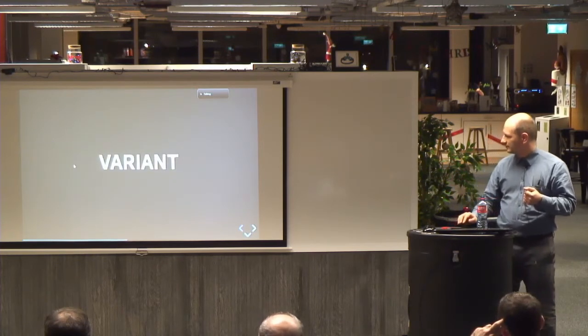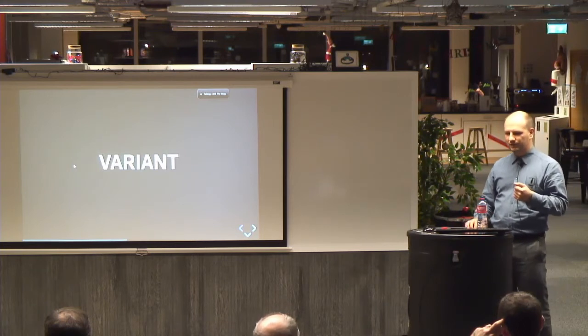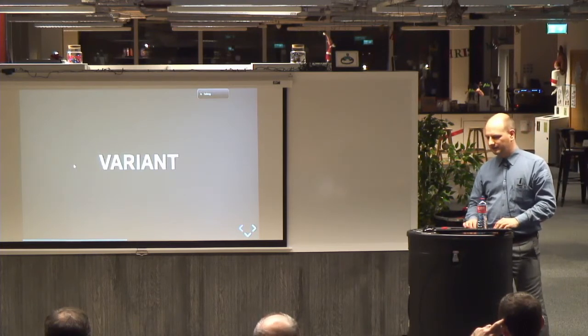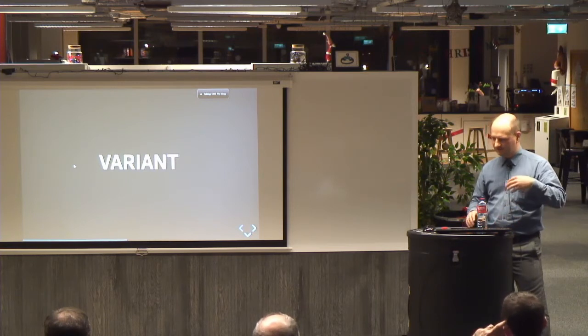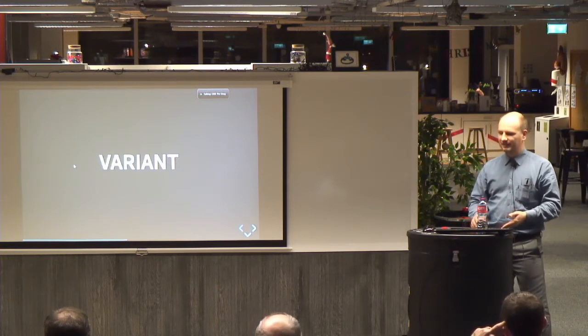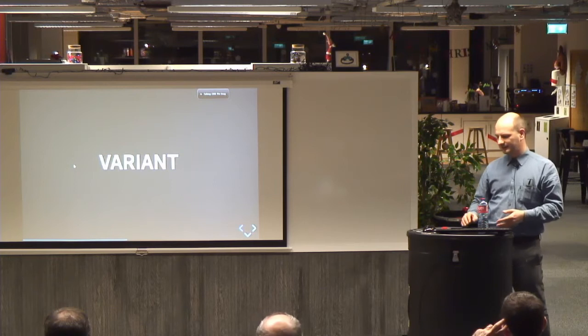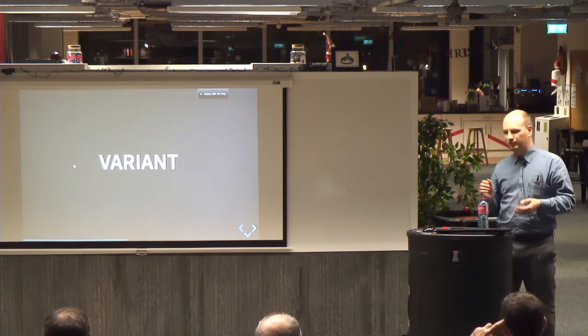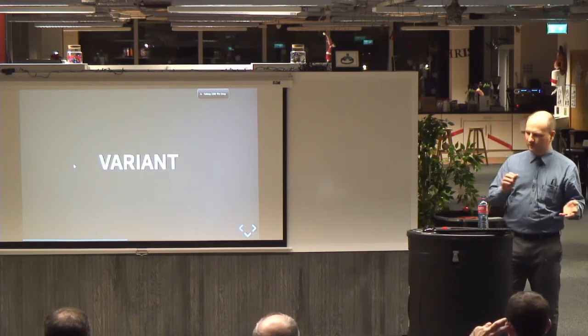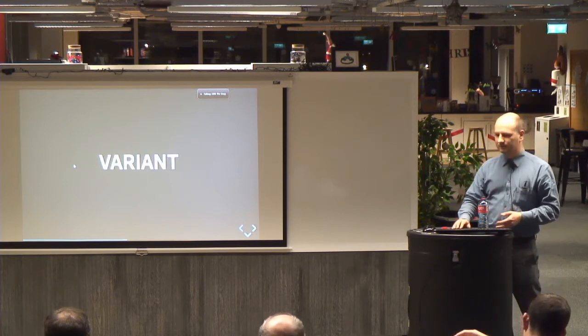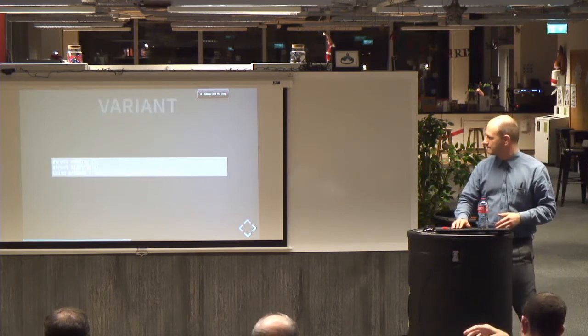So in C++17, std::variant was included in C++, and std::variant has some usage where it can replace object-oriented programming by using the visitor pattern.